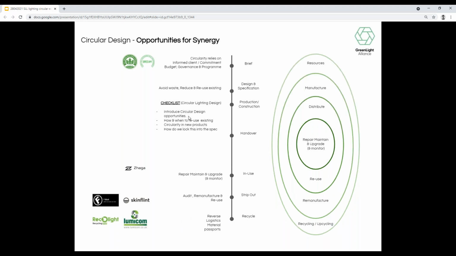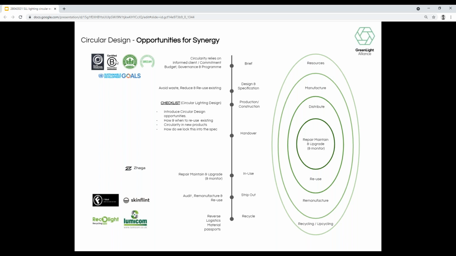So what are the opportunities for increasing the synergy? Well, clients and developers are now starting to get much more on board, and architects as well, with sustainable schemes such as B Corp or the Ellen MacArthur Foundation, and they promote circular principles.